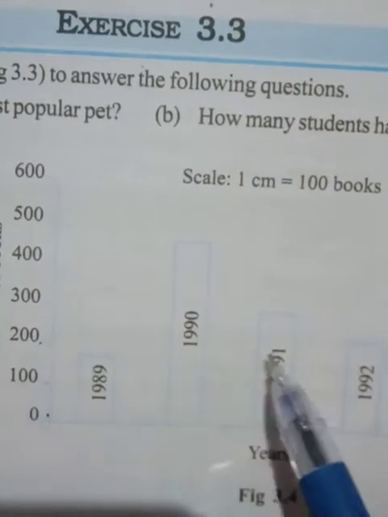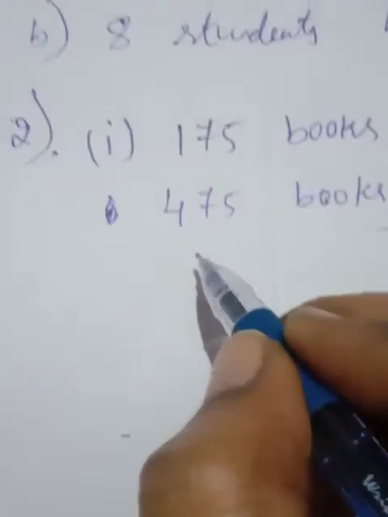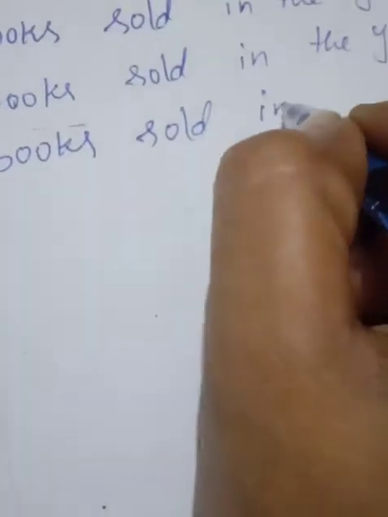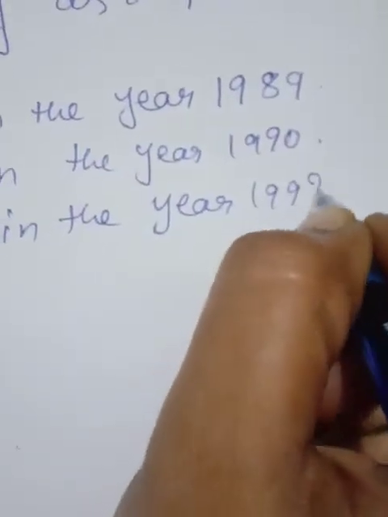It is almost near to 1/4. That is 225. 225 books sold in the year 1992.